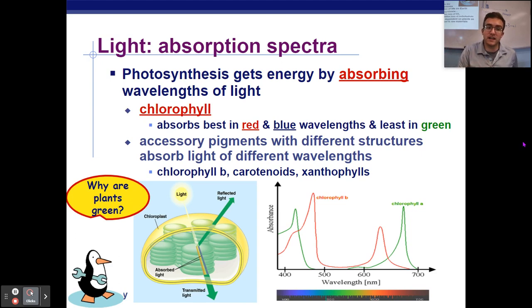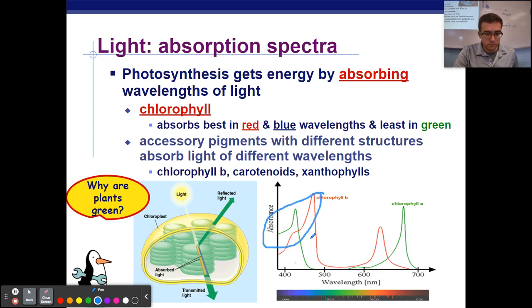If we look at the absorption spectrum of chlorophyll, we have two different chlorophyll molecules, chlorophyll A and chlorophyll B. Chlorophyll is really great at absorbing blue light, this blue-purplish, or violet, light down here. It's also really good at absorbing the other end of the spectrum, red and orange light. So chlorophyll is great at absorbing light at the ends of the spectrum.